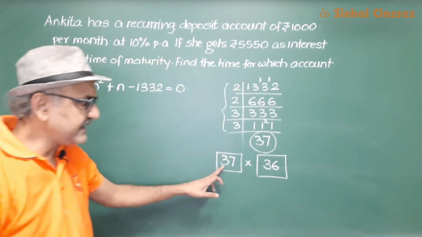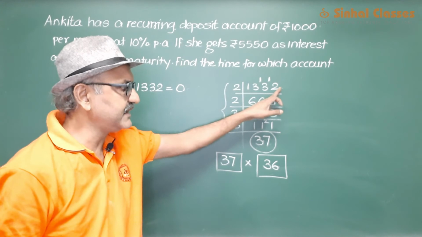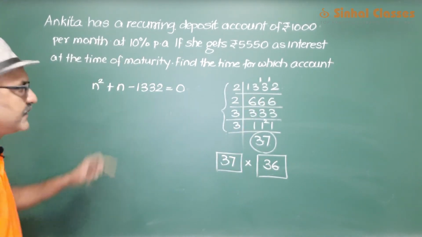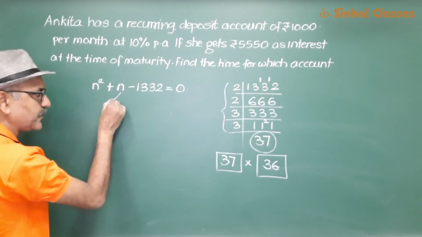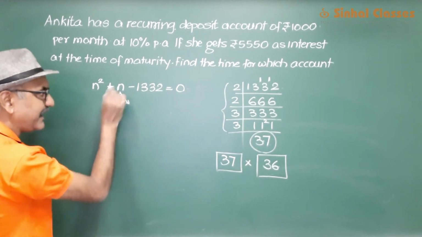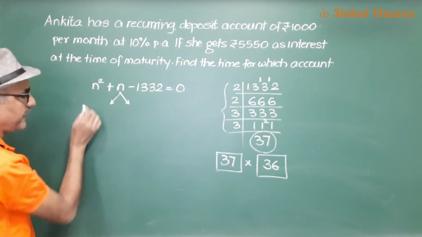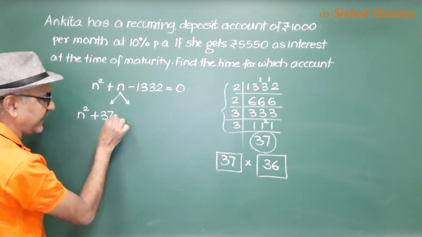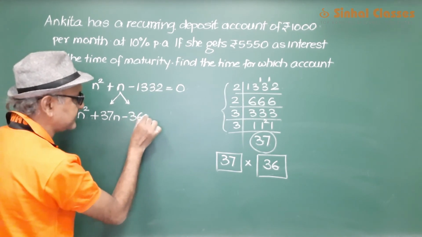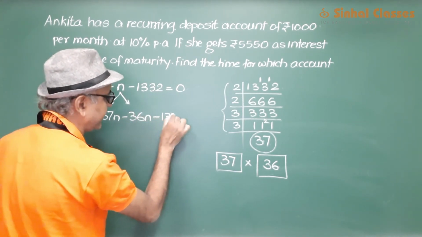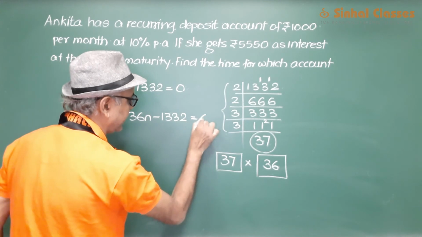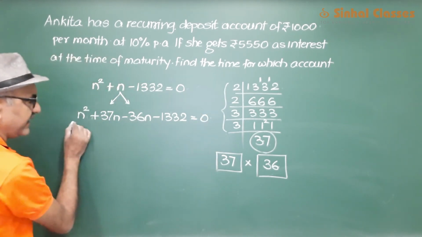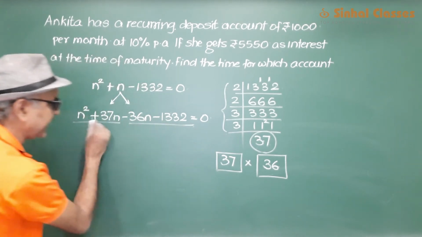Now 37 into 36 gives you 1332, and 37 minus 36 gives you 1. So this middle term is to be split into 37n minus 36n. So the splitting is done. Now just take common and solve.